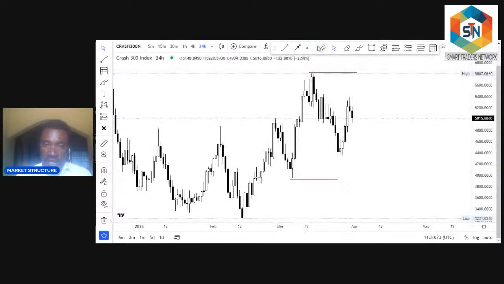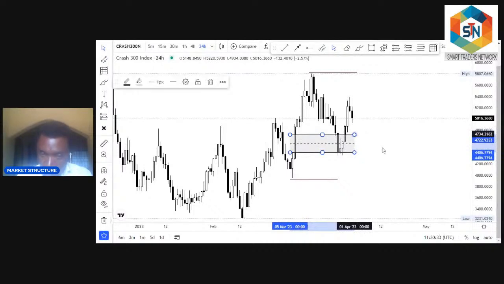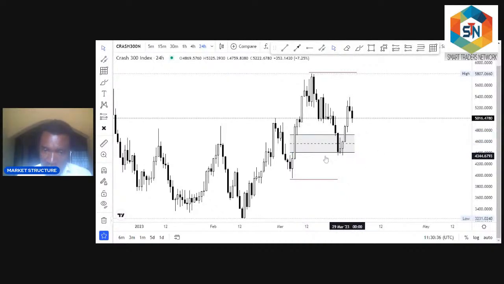There was an imbalance here, which tells us that price is going to come back to the imbalance. We mark that imbalance out. Smart money will come back to mitigate their position. Price can close the imbalance beautifully, and price left.